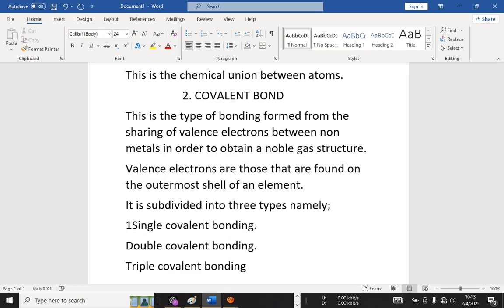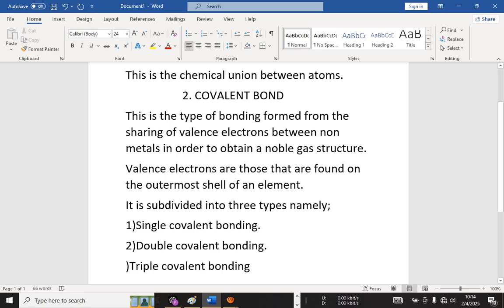Remember, these are subtopics of covalent bonding. The last one is the triple covalent bonding.